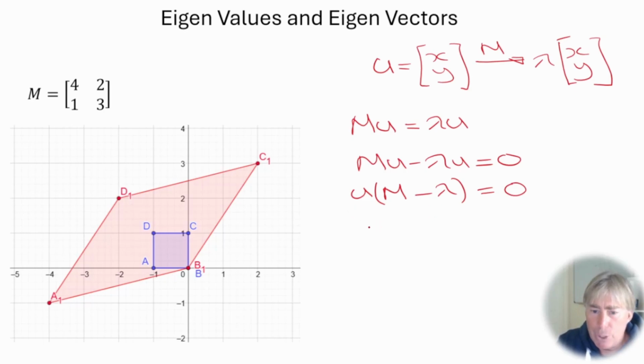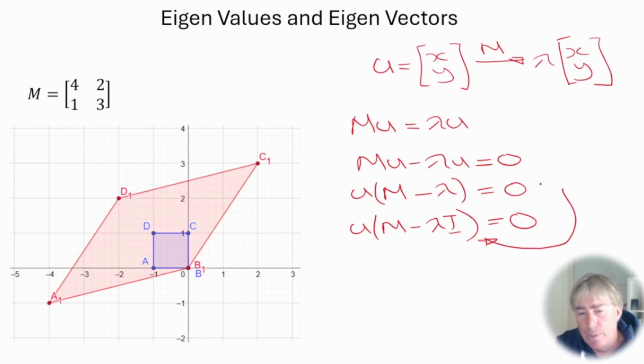And then I'm just going to sneak in, and it might seem strange that I'm doing this, the identity matrix I. So I'm multiplying lambda by I. That's actually okay because the purpose of that is to create a matrix out of a scalar value. So basically lambda times I simply becomes lambda 0, 0 lambda.